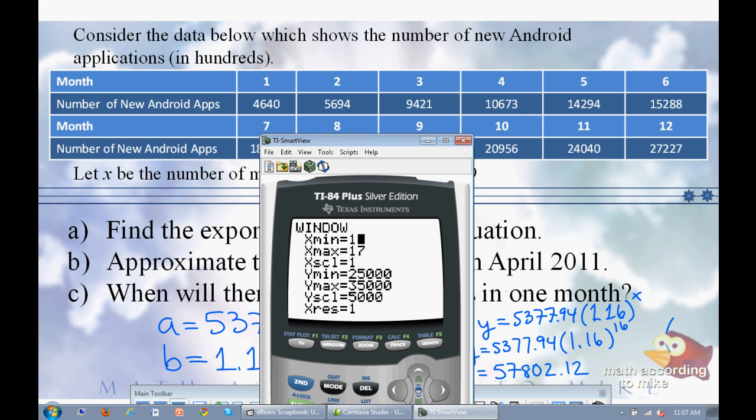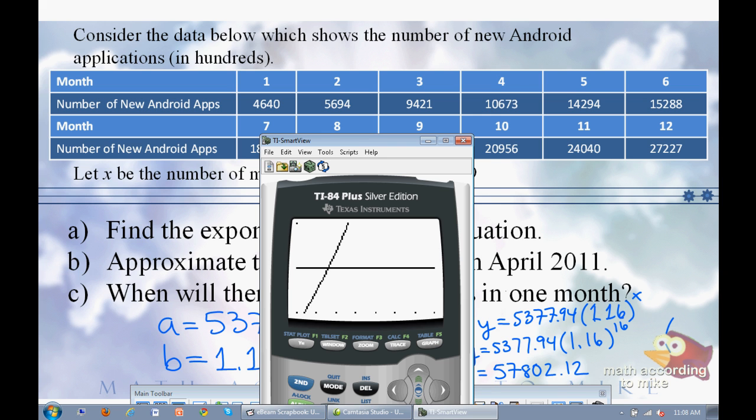Let's say 10. I'll explain what's going on, why we have to go back. And let's hit graph. Bam! I changed the x min to 10.